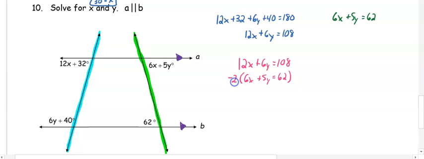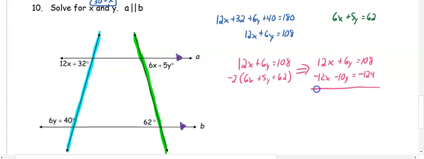So we can multiply the second equation by -2. 12x plus 6y equals 108. Negative 12x minus 10y is going to equal negative 124. So we add straight down. Negative 4y is equal to negative 16. We divide. y is 4.